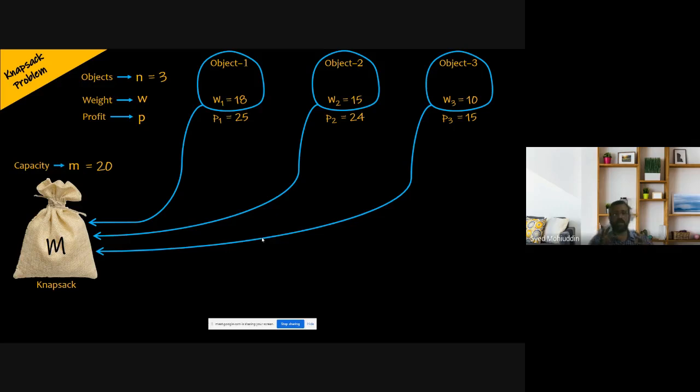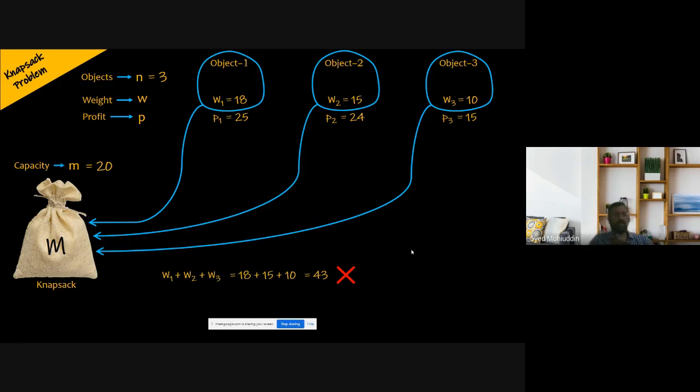fill this knapsack with all these objects? Object 1 has weight 18, object 2 has weight 15, object 3 has weight 10. So W1 plus W2 plus W3, the weight of all these together, will be 43, which is much larger than the capacity of the knapsack, which is 20 kgs.